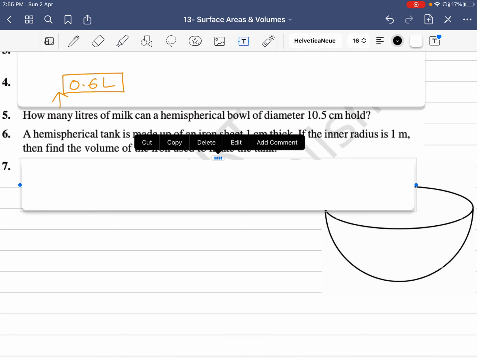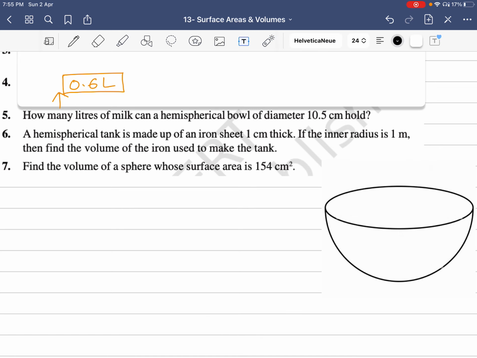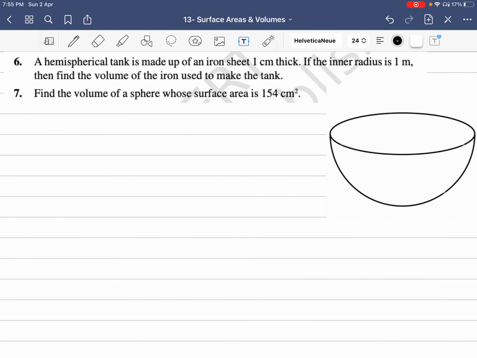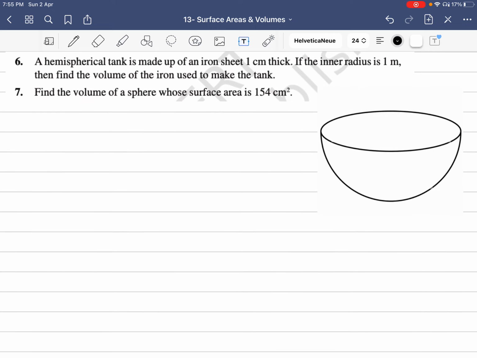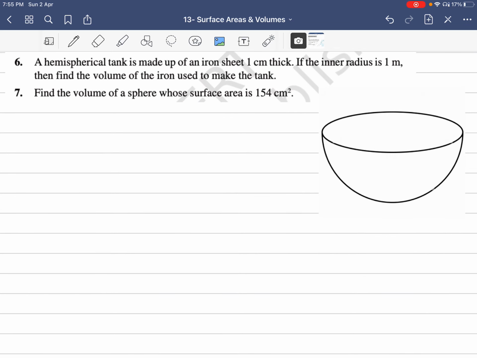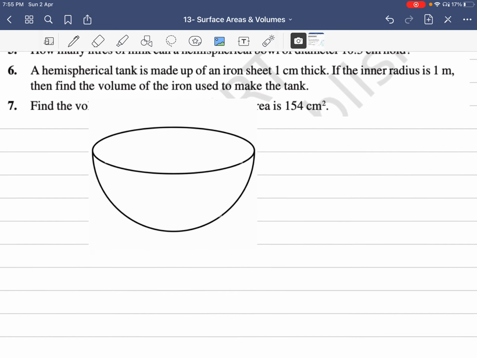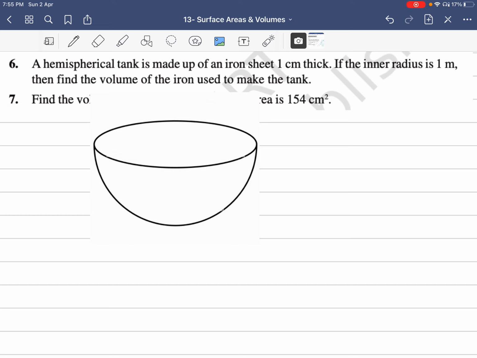We have to focus on question number 6 and not question number 7. That's the whole thing. Now let's read what question number 6 says.